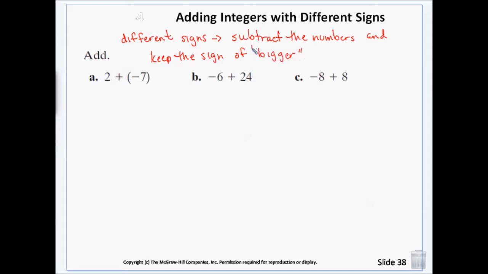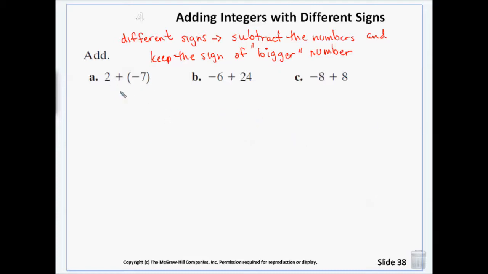Okay, and I'm going to put bigger in quotes here because a positive number is technically always bigger or greater than a negative number. So positive 2 is bigger than negative 10. But I'm putting bigger in quotes because in that example I would say 10 was bigger than 2. So what I do is I subtract the numbers.